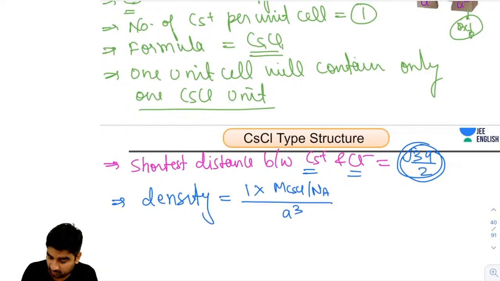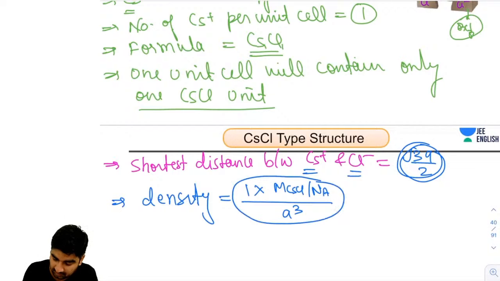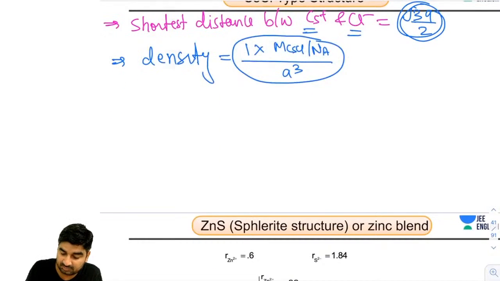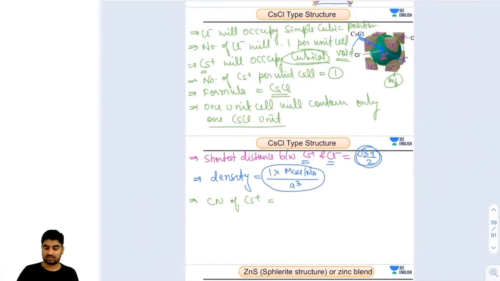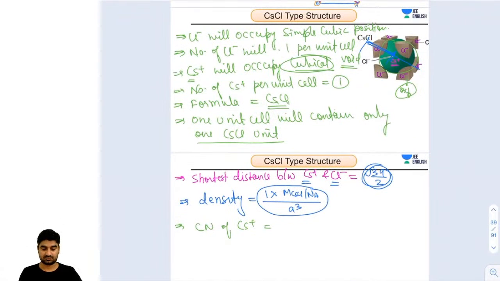So, the density would be this. Now you know the shortest distance. Now please tell me two more important points, most important actually. What is the coordination number of cesium plus? Yes, I am showing you the structure. What will be the coordination number of cesium plus?